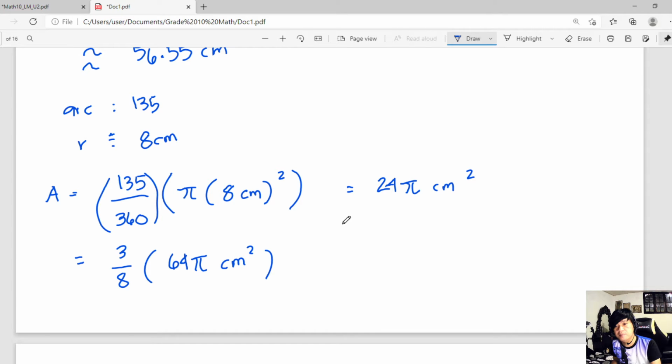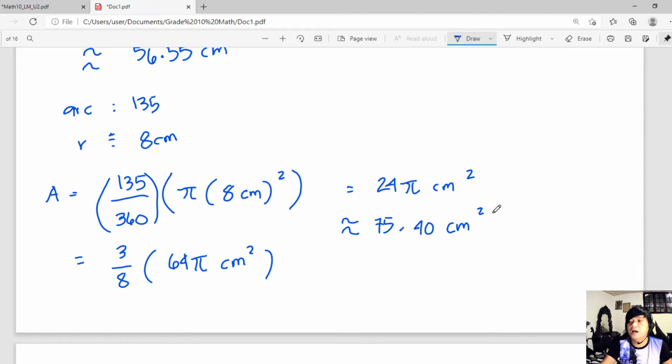Or approximately, this is 24 pi, which is equal to 75.40 centimeter squared. This is not the final answer.